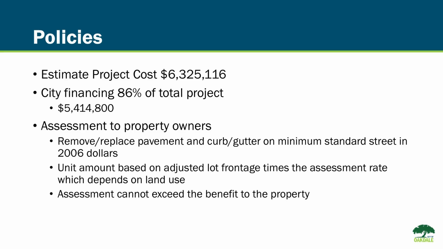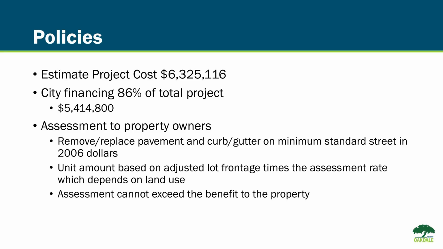The assessments are applied to the adjusted frontage of the property based on the width of the lot at the building setback line. The assessment rate itself represents the cost to remove and replace asphalt on a minimum standard street based on 2006 construction costs. Virtually all the properties in this area are single-family residential.